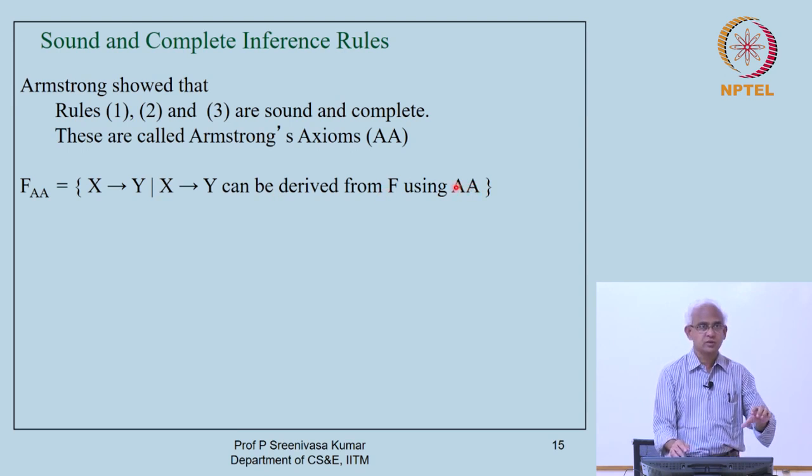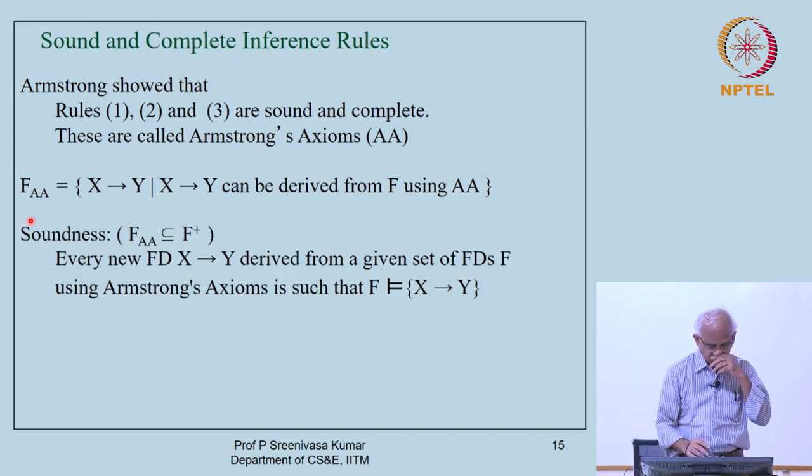Now that we have understood Armstrong's axioms clearly, you also know how to derive a new functional dependency given a set of functional dependencies. So, let us call the set of all functional dependencies that can be derived from F using Armstrong's axioms F subscript AA. For soundness, what we are claiming is that F AA is a subset of F plus. What is F plus?